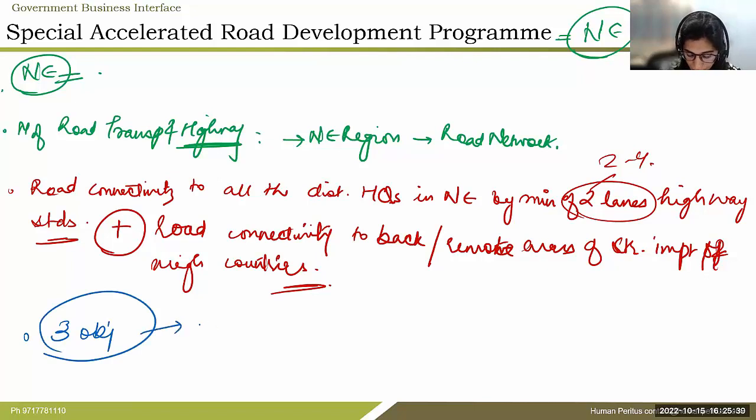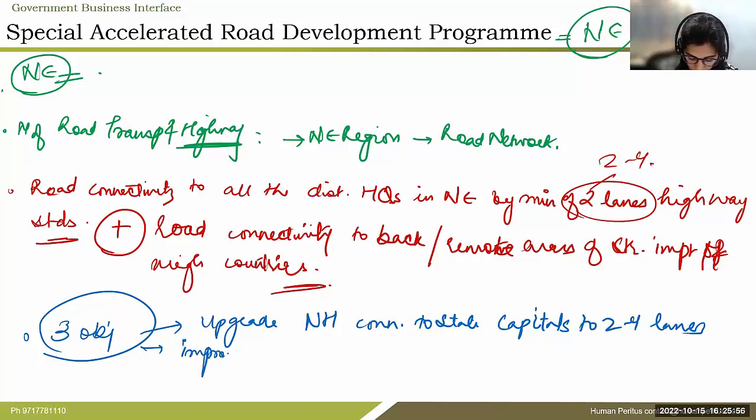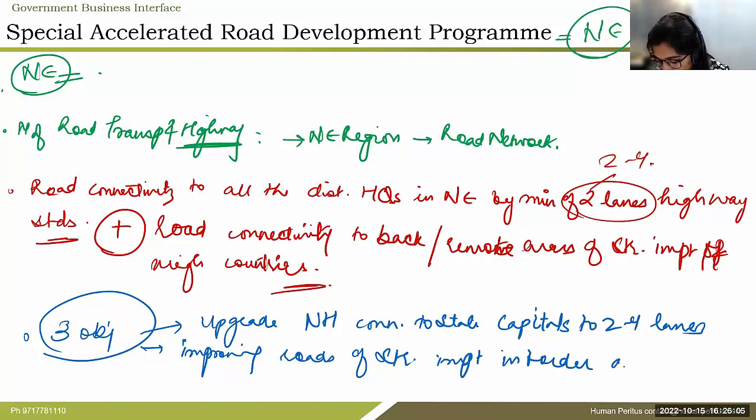Number 1 is upgrade national highway connectivity to state capitals to 2 to 4 lanes, improving roads which are of strategic importance in border areas, and improve the connectivity with neighbor countries also.